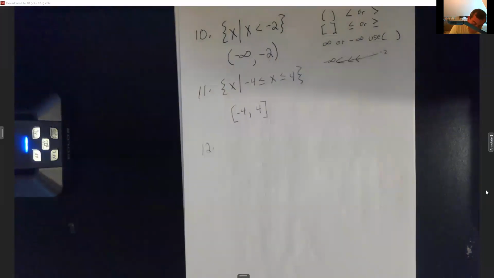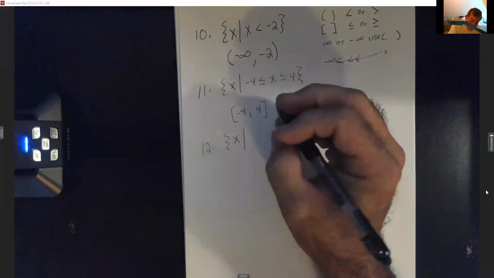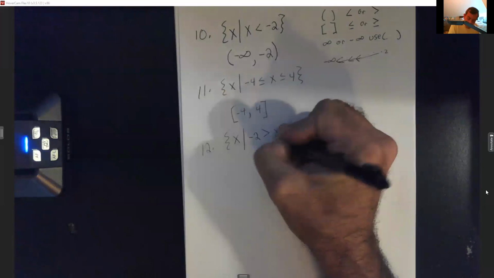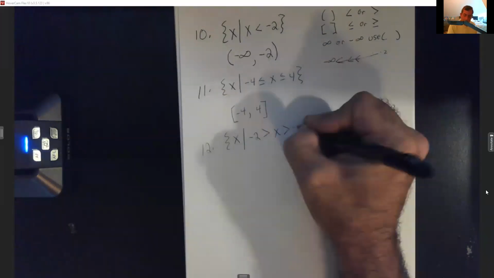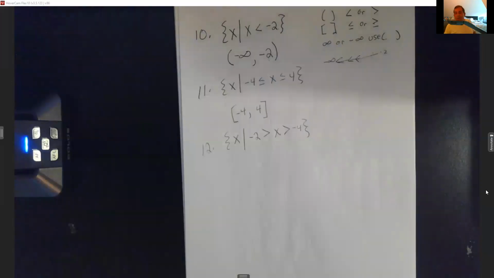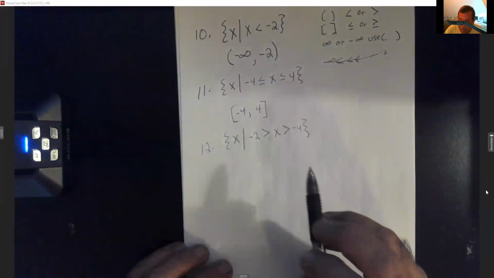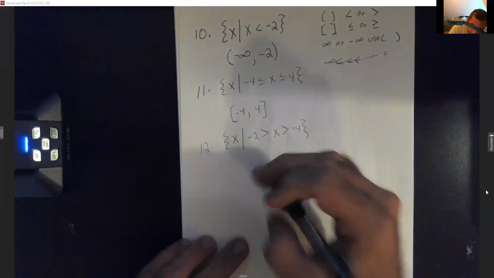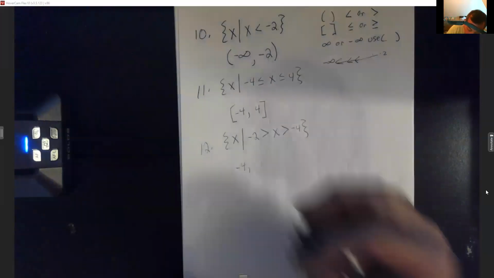All right, same thing here. So I've got x such that negative 2 is greater than x, which is greater than negative 4. So what I would do if I was doing interval notation on this, it has to be in the right order, okay? Negative 4 is the smallest number, so it's got to go first, and then the biggest number would be the negative 2.